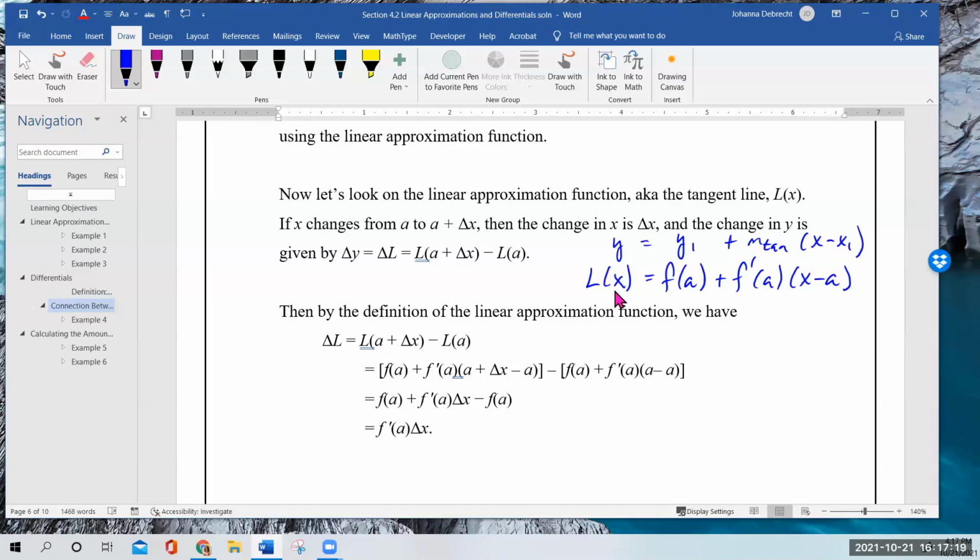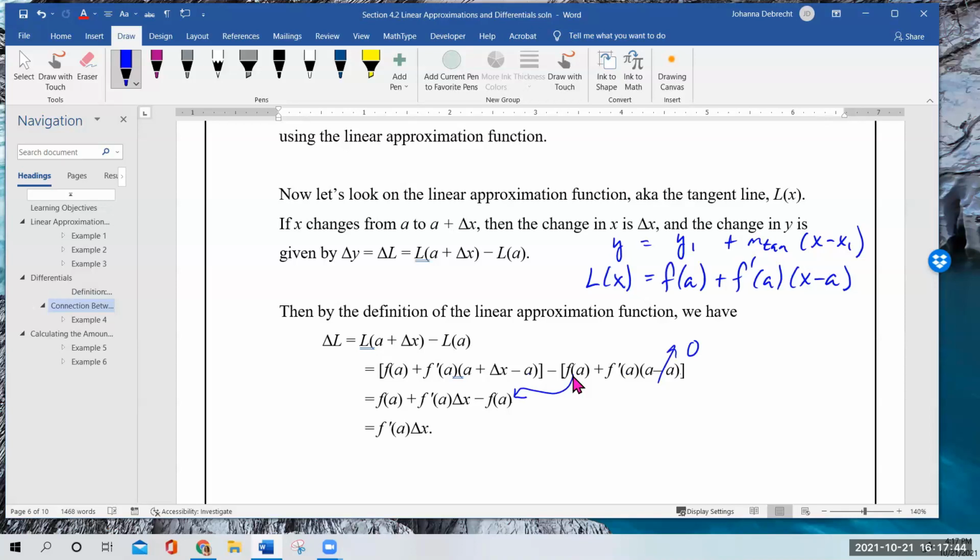When we substitute a into L, we get f of a, the constant, f prime of a, which is also a constant, and we substitute a in place of the x to get a minus a. But a minus a goes to 0. And since we have that, we end up with minus f of a coming from here. But then we have f of a minus f of a.